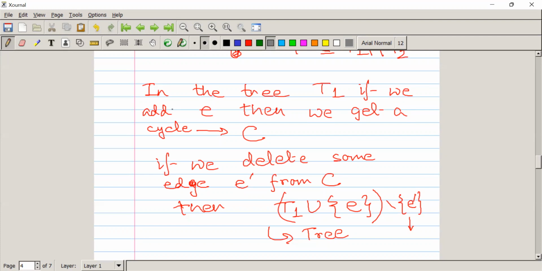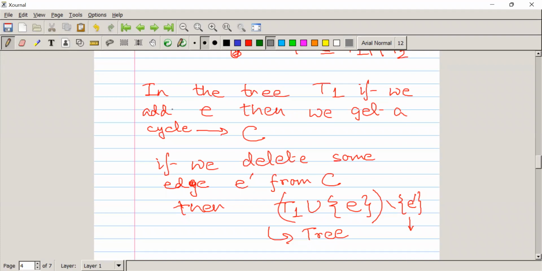This is very obvious. And in that cycle, we must get an edge which was a cross edge, that is, the edge connects two vertices from the cut U and V minus U, right?